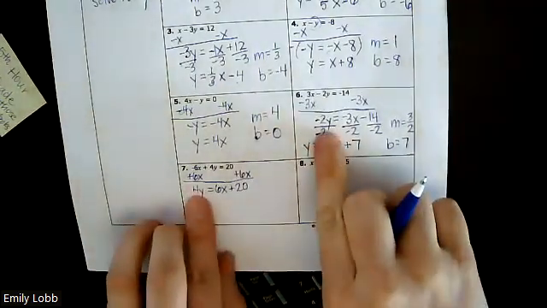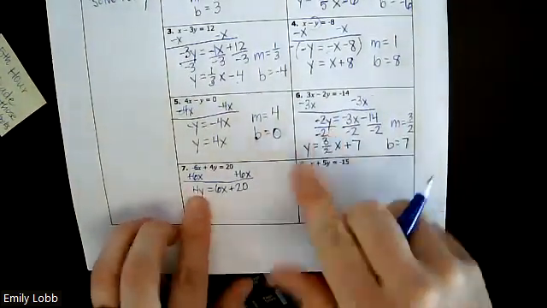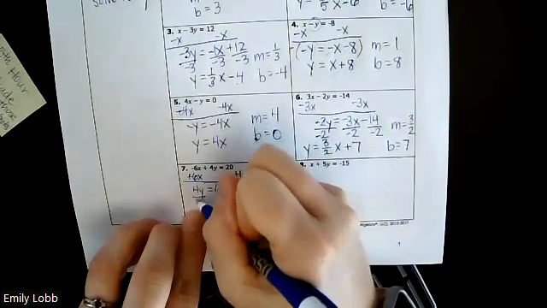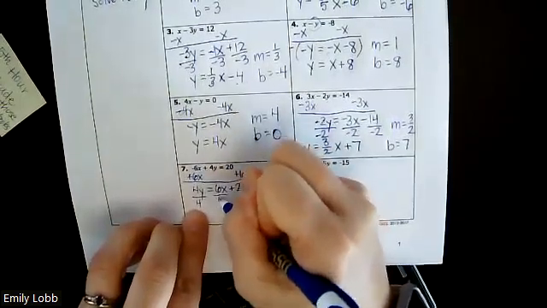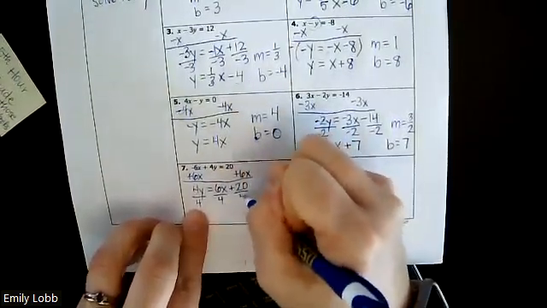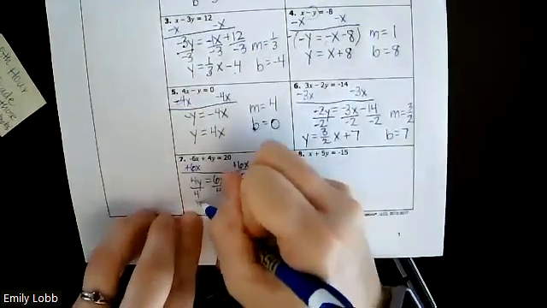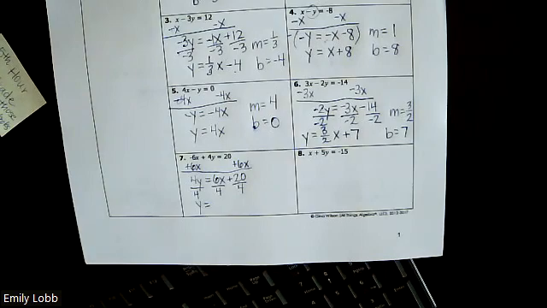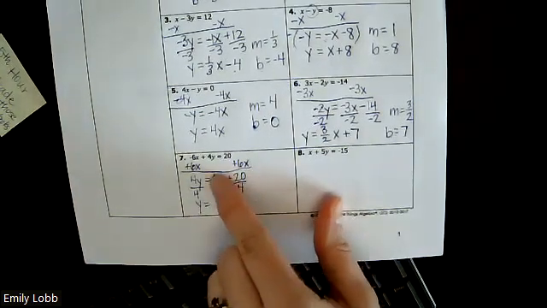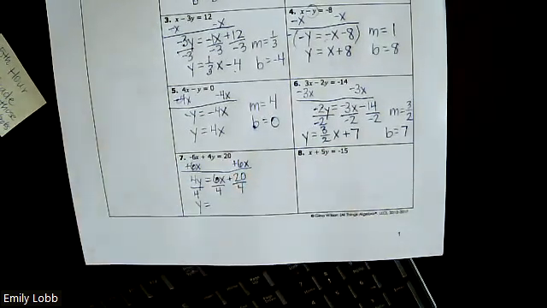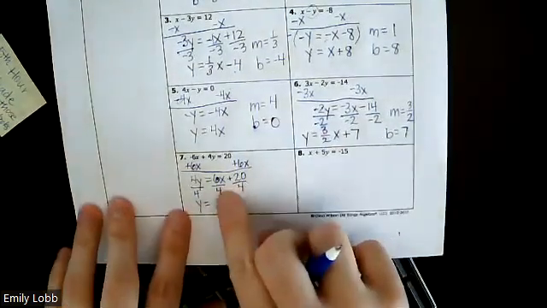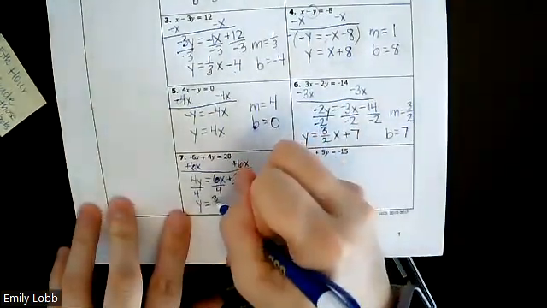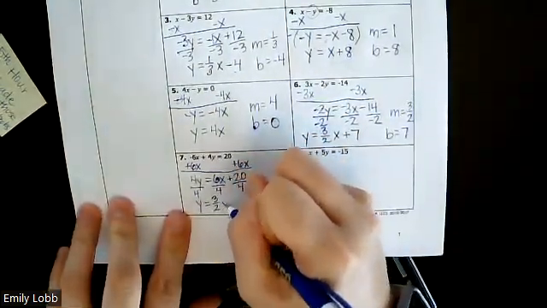Now, if I'm looking up here, I have to divide by the coefficient of y. So I'm dividing everything by 4. So I'm left with y equals. I notice that I could simplify this 6/4 fraction. If I divide them both by 2, I'm at 3/2 x.